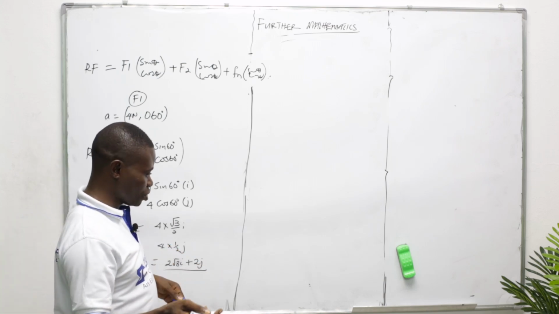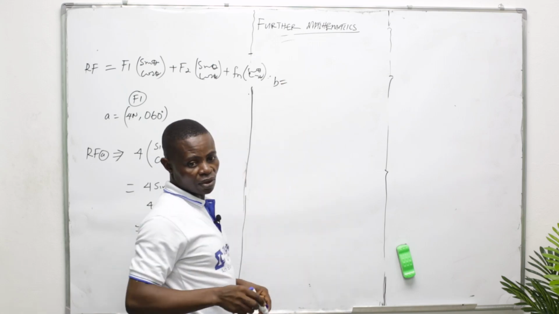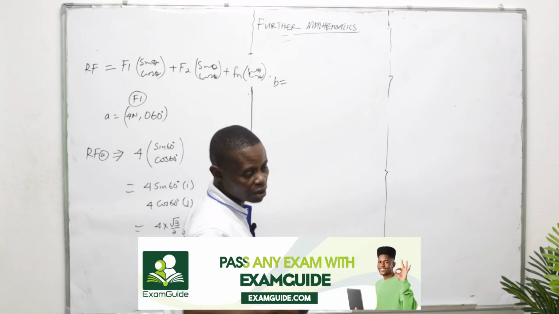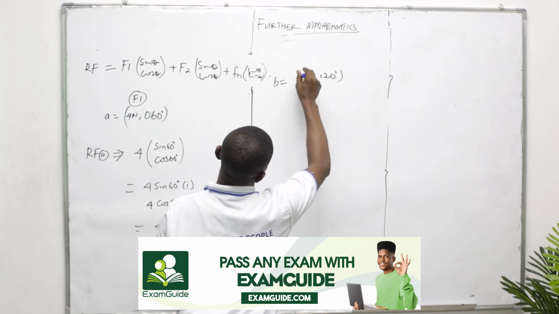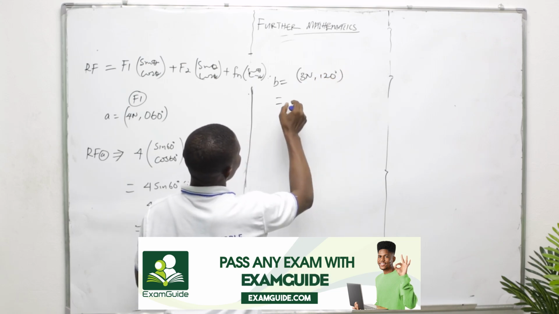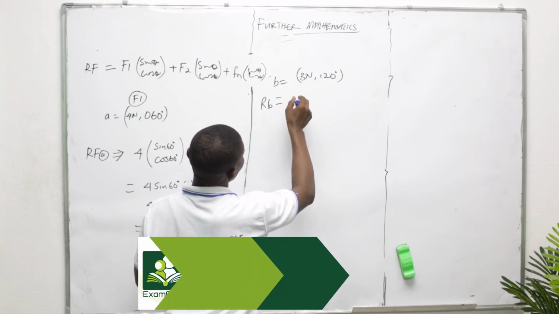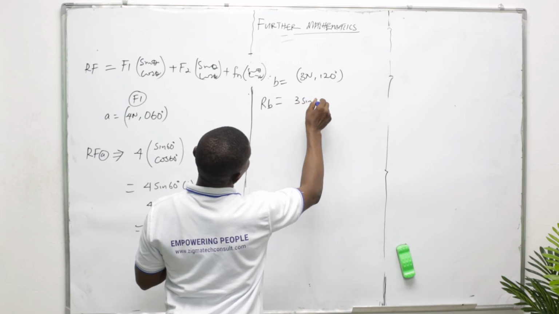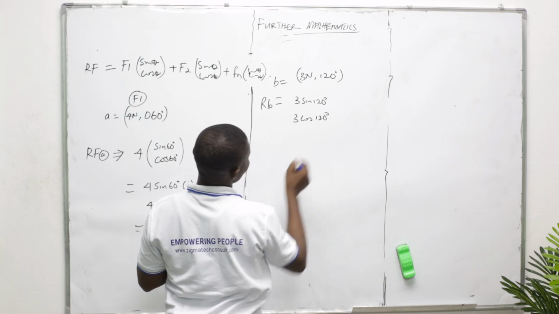Now, talking to B part, B equals 3 Newton, 120 degree. Good. I will have that resultant of B equals 3 sine 120 degree, 3 cos 120 degree.